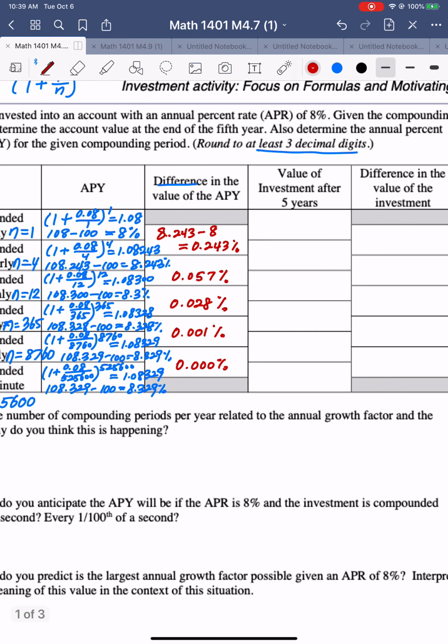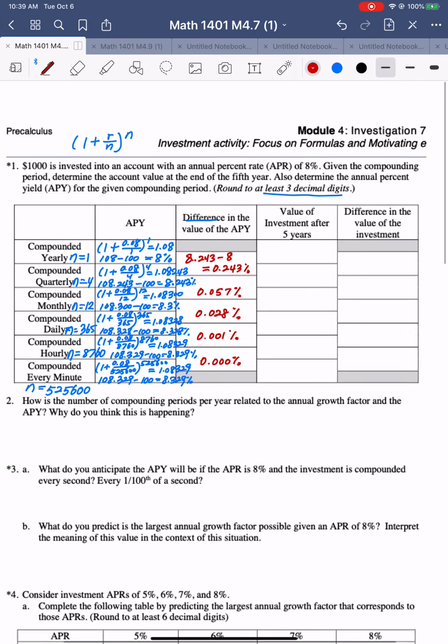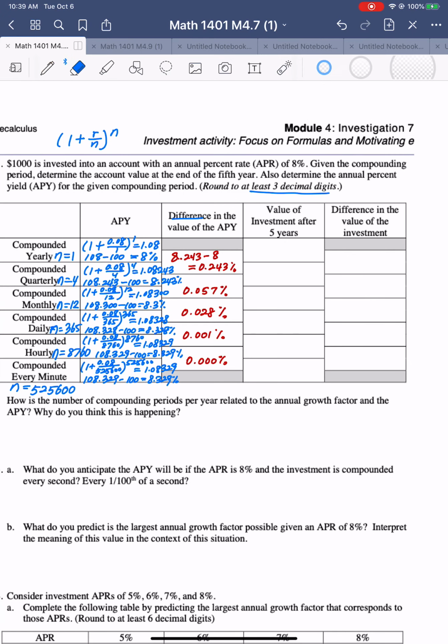Now we can find the investment after the 5 years too. For the 5 years, we have to use t as 5. We're looking for the amount, right? So P times 1 plus r over n, to the nt power.